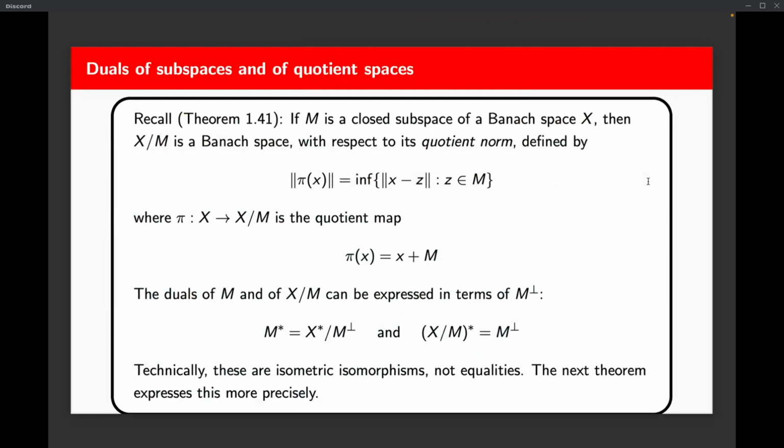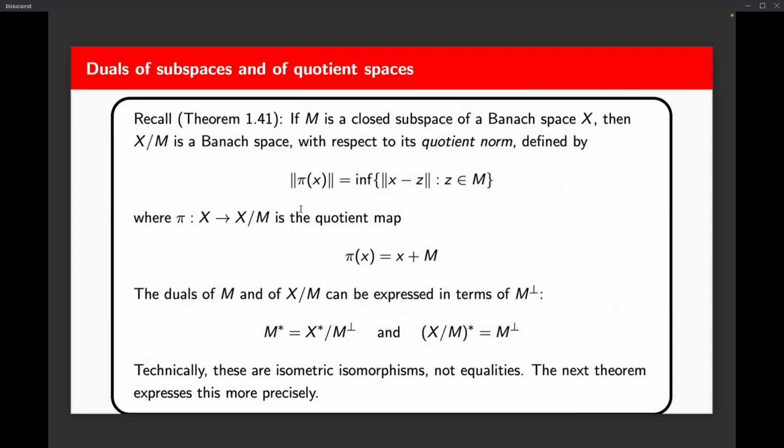Okay, so this is a recollection from way back in chapter 1. We defined a quotient norm on the quotient space. I had actually forgotten about this definition, so I had to go back and refresh my memory. The way you define this quotient norm is, given an x in the original space, you apply this quotient map pi, which just gives you the coset containing x.